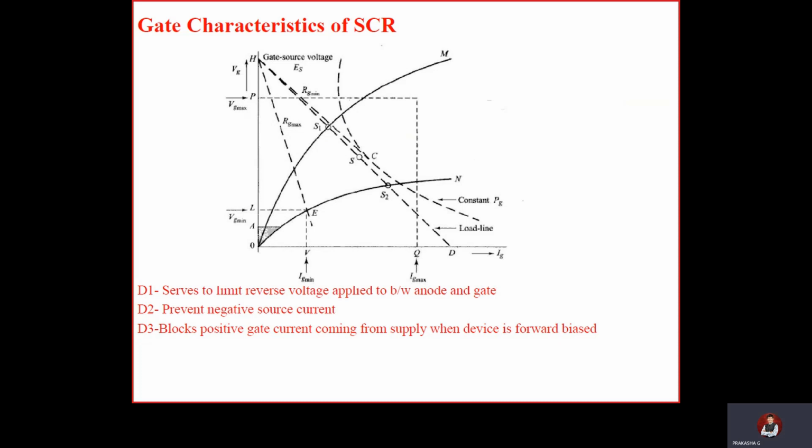Design. Gate characteristics of an SCR. We have an SCR: anode, cathode, and gate. Anode cathode characteristics, we have already checked. We have to go for gate characteristics, based on the gate current.